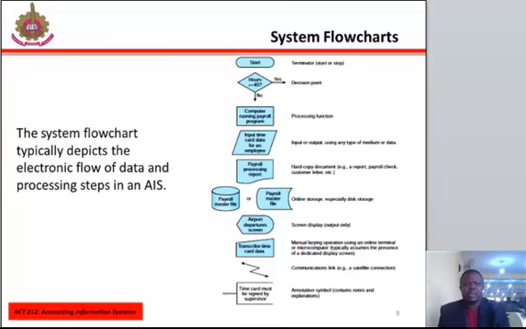Now let's look at a system flowchart. Whereas a document flowchart focuses on tangible documents, a system flowchart concentrates on the computerized data flow of the AIS. That is, a system flowchart typically depicts the electronic flow of data and processing steps in the AIS.